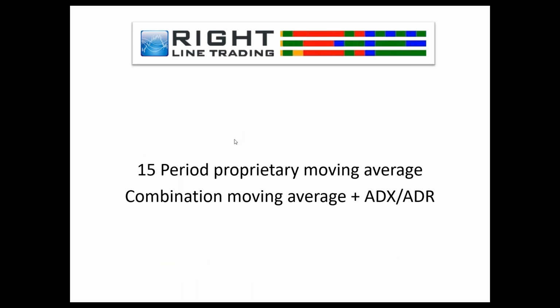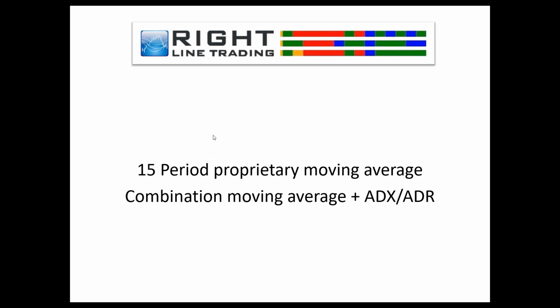Now, we have a 15-period proprietary moving average, which is very important. It's a combination moving average and ADX-ADR indicator. Now, ADX-ADR is a measure of volatility. You know, you want to trade a volatile market. You don't want to trade a market that is quiet.